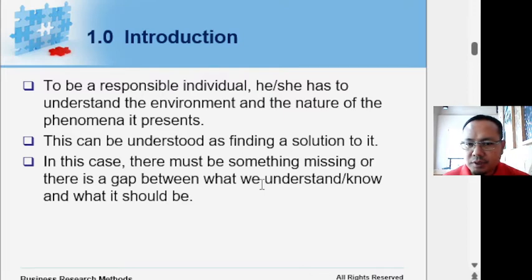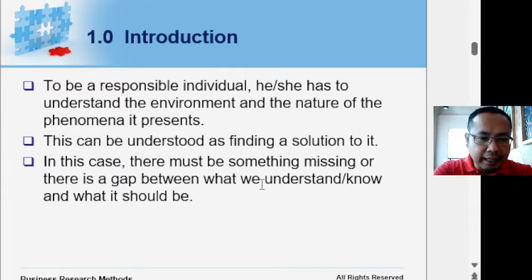Okay, to be a responsible individual, that means as a researcher, we have to understand the environment and the nature of the phenomena that we present. So that's why we need to do research, because we have to check a few theories, and then the facts behind the problem.